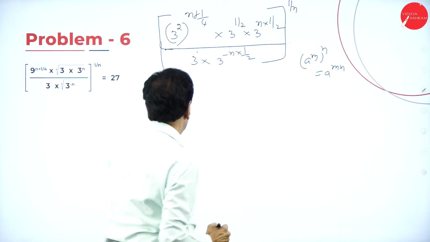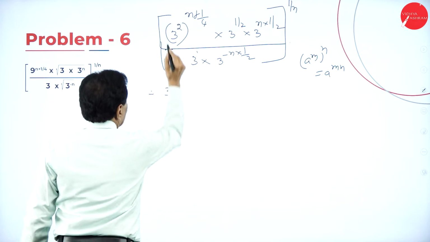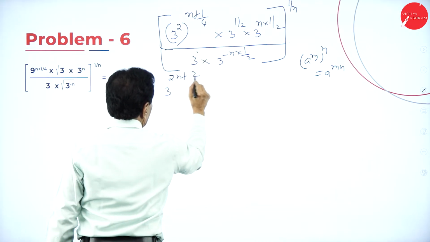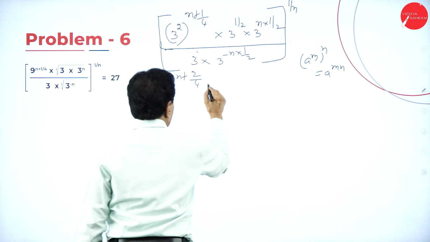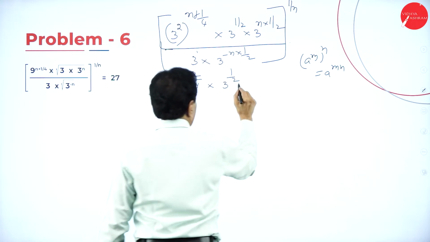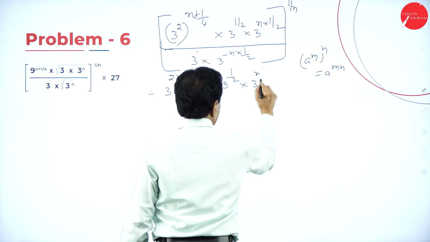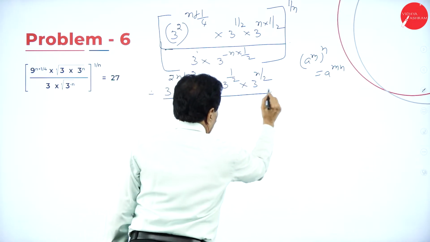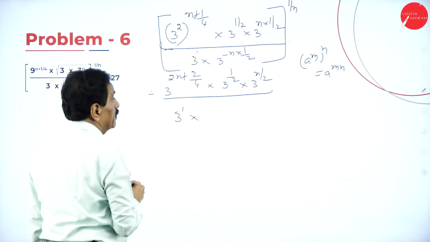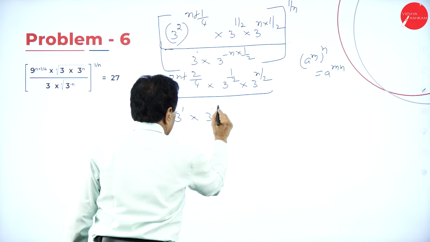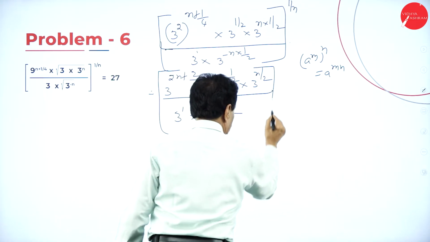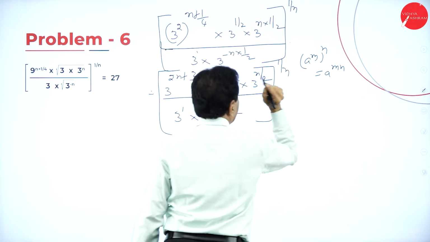Using this formula you are going to get 2 into n, 2n, 2 into 2 by 4, into 3 to the power of half, into 3 to the power of n by 2. Slowly I am doing 3 to the power of 1. This is 3 to the power of minus n by 2, whole to the power of 1 over n.